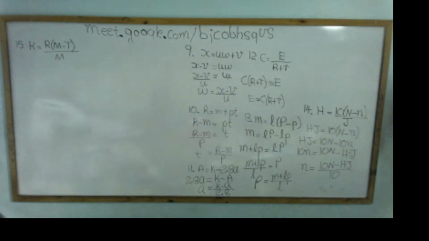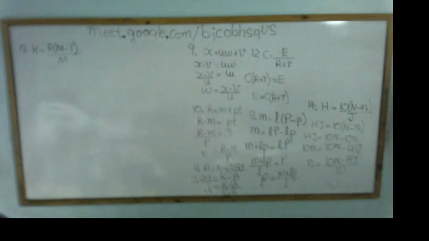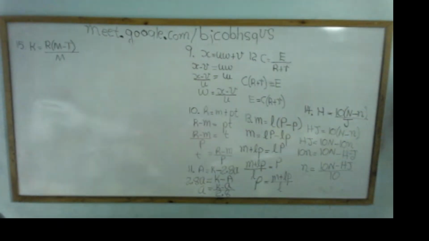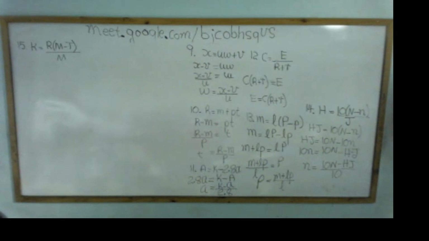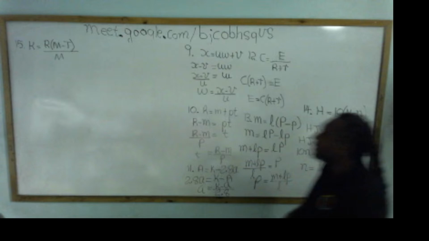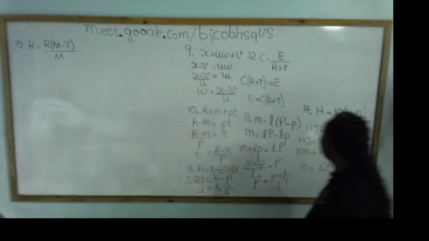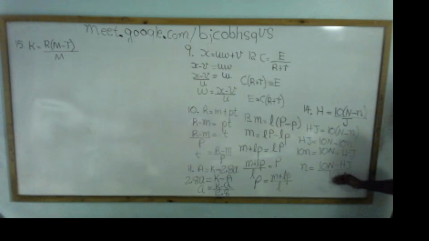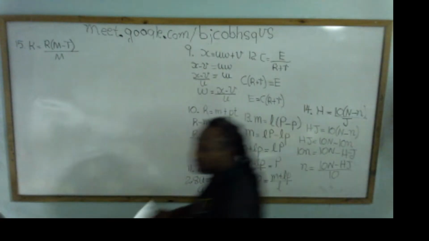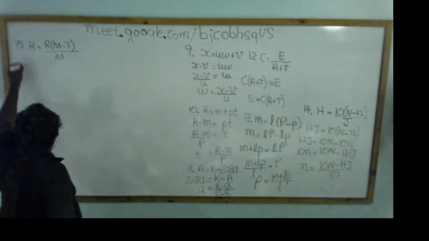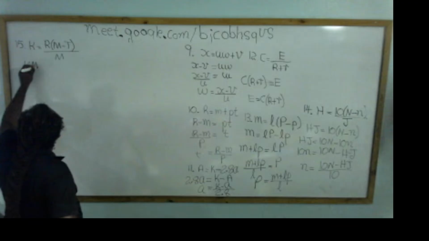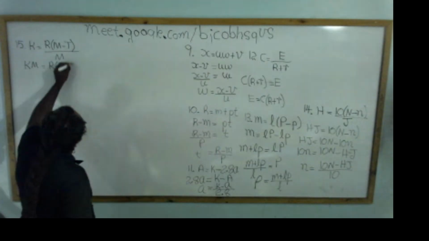Yes, there's an analogy between numbers 15 and 14. So let's use the analogy. We had a denominator that we needed to eliminate, and we did that, so we're going to do it again right here. Km is equal to R(m − T).